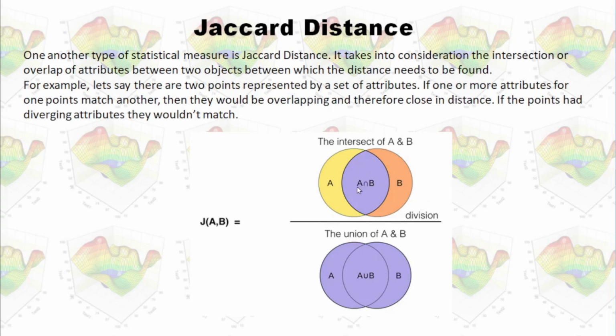They have overlap here, and Jaccard distance is calculated by taking this overlap portion divided by the union of A and B. So you consider all A and all B as denominator.